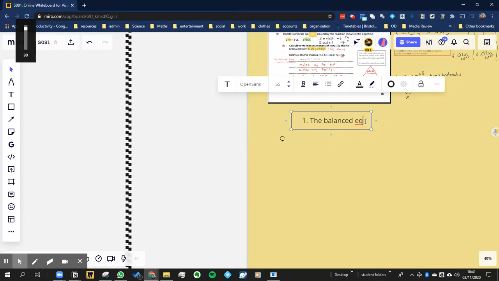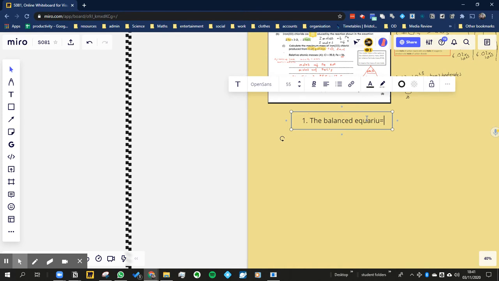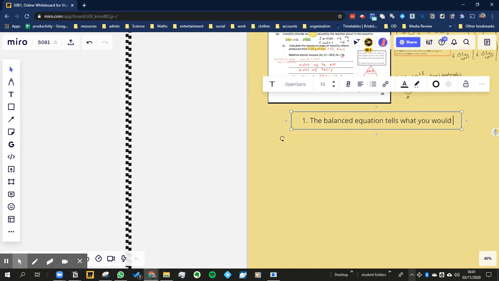So some key points about moles questions. The balanced equation tells you what you would get in terms of ratio.